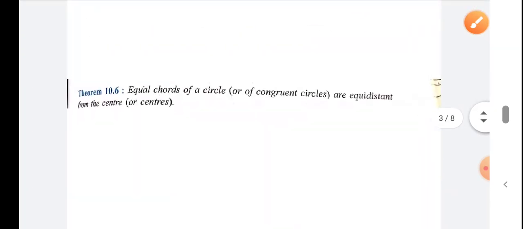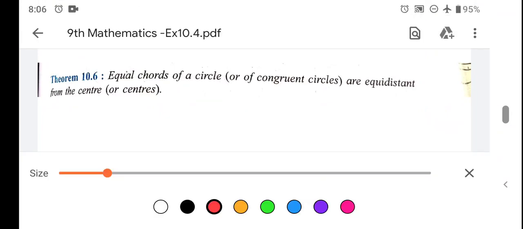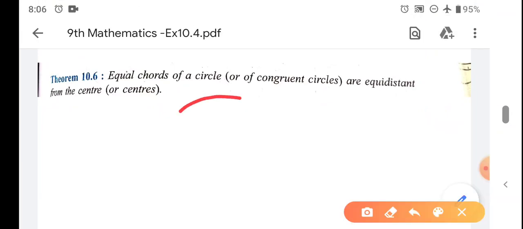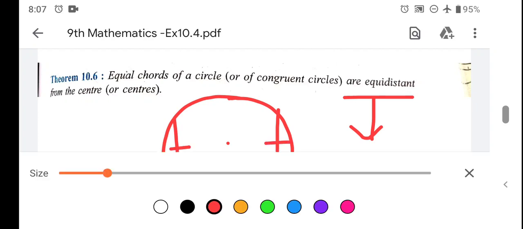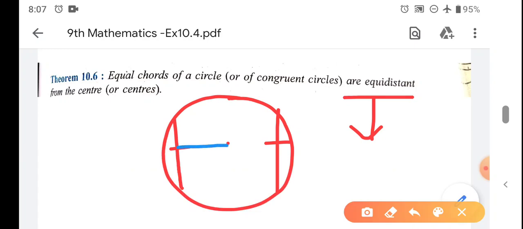So theorem 10.6 tells that equal chords of a circle are equidistant. Equidistant means equal distance from the center. So if this is equal to this, then it means that the distance from the center will also be equal.